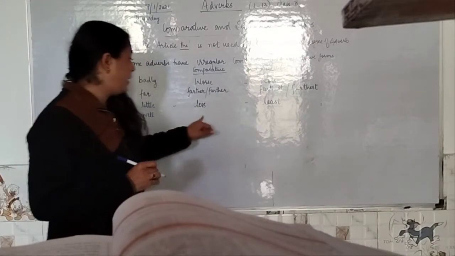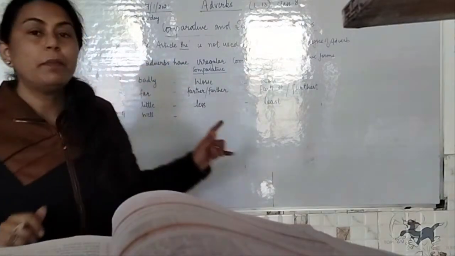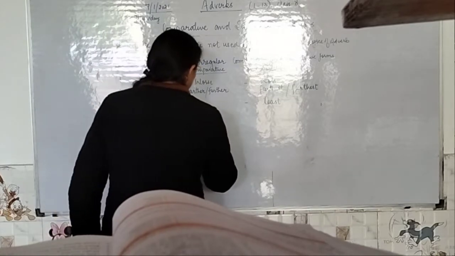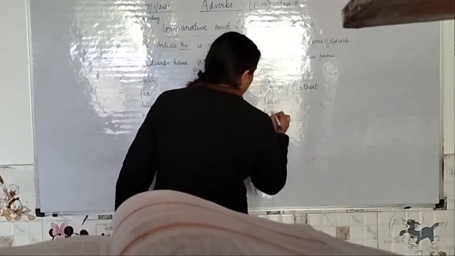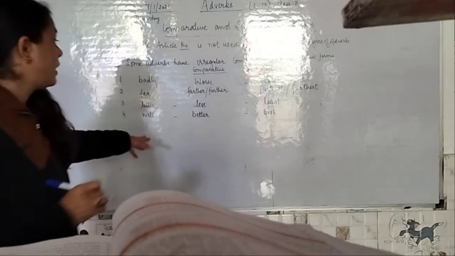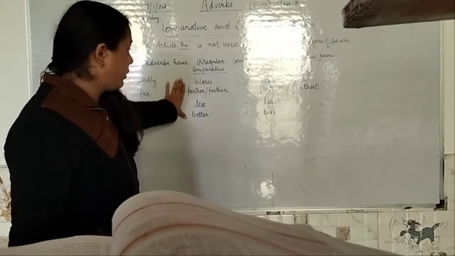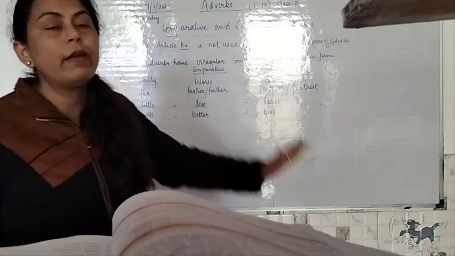Well becomes better and best. So these are called irregular verbs which change their total form.